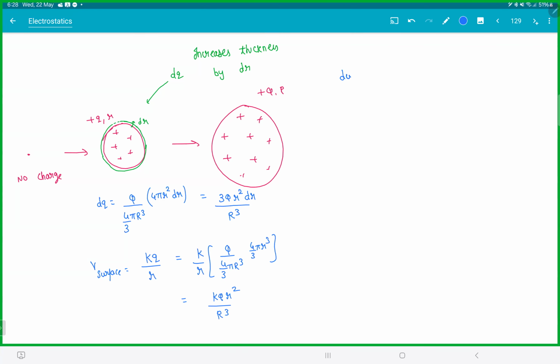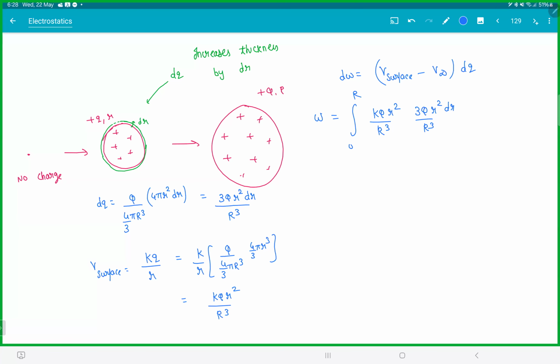You're done. The small work done will be the potential on the surface minus V infinity, the potential difference, into the charge which you brought from infinity. So the total work done will be the integral of kQ r square by R cube times 3Q r square dr by R cube.